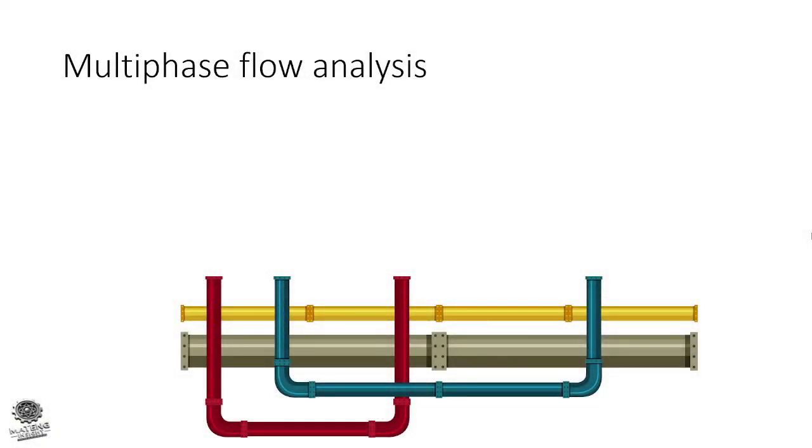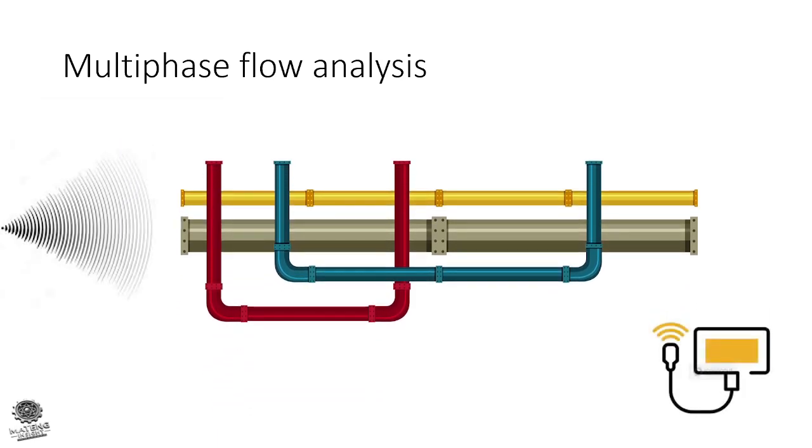Multiphase flow analysis. This deals with measurement and modeling of simultaneous flow of two or more phases, like liquid, gas, or liquid solid. Techniques include gamma or X-ray densitometry, wire mesh sensors, electrical capacitance, resistance thermography, ultrasonic time of flight, and high-speed imaging.